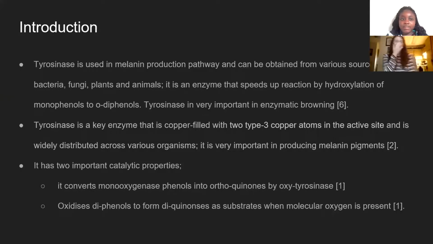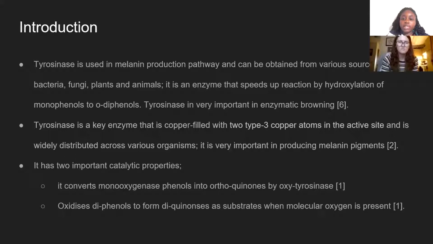So, tyrosinase is mostly used in the melanin production pathway and can be obtained from various organisms such as bacteria, fungi, plants, and animals. This is an enzyme that speeds up reactions by hydroxylation of monophenols to diphenols.